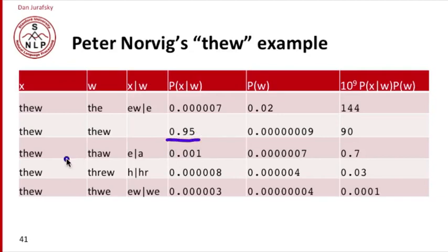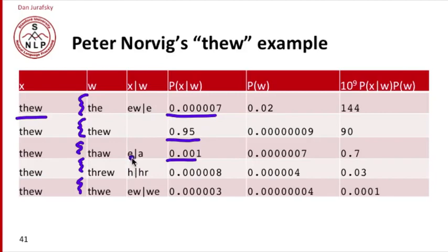So here's an example from Peter Norvig. Again, we have the spelling error thew. We want to know whether it should be the word the, or thew, correct, that it was correct as typed, or thaw, or through, or thwee, and so on. And again, for each one, we generate our channel model, computed exactly the same way as before.